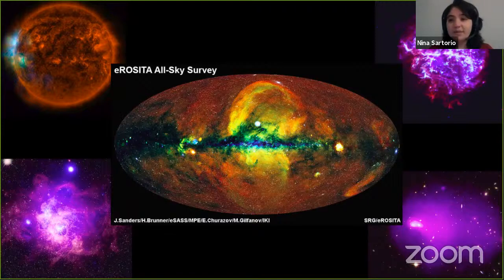So here I'm showing just a little sample of things that can emit X-rays. Here on the top left-hand corner, you see a picture of the sun in X-rays. On the top right-hand corner, you see a supernova explosion, which also emits X-rays.